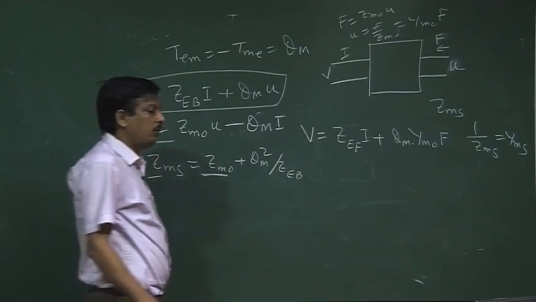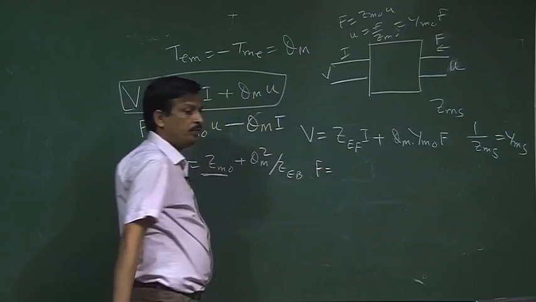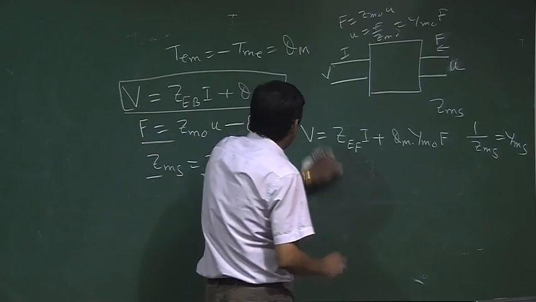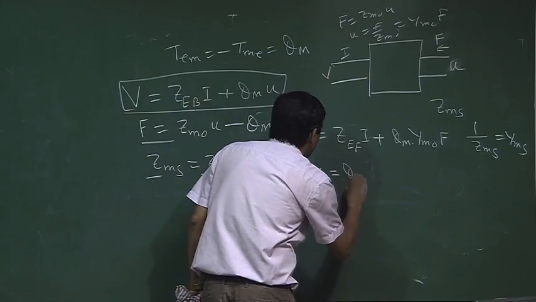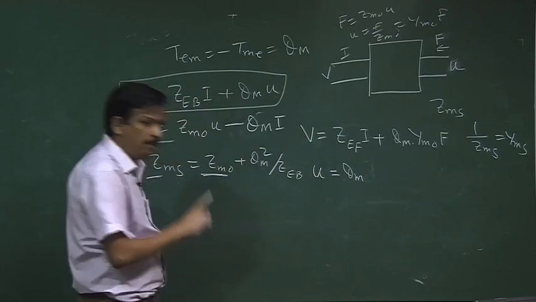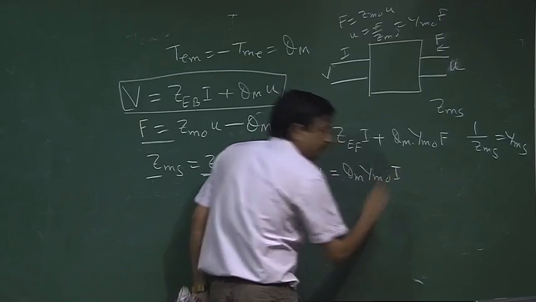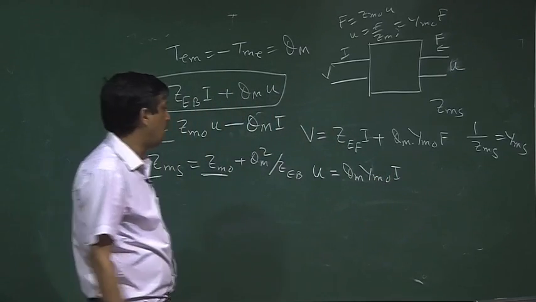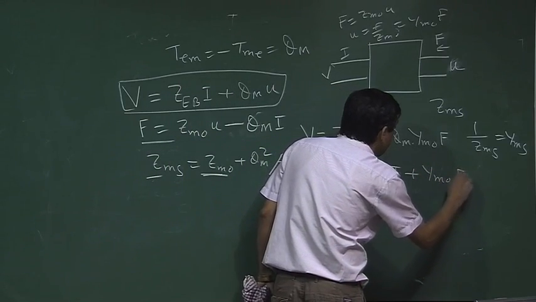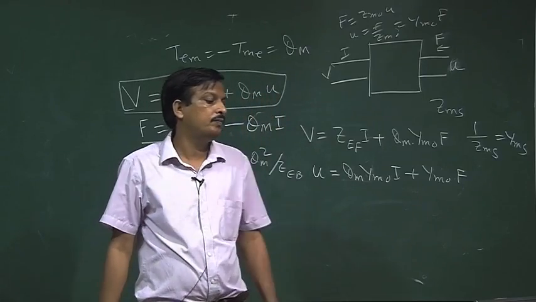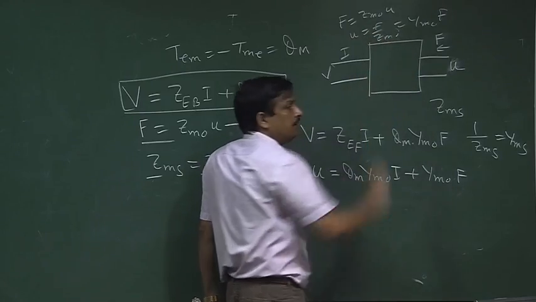Okay. Now, here we know F. So, U is equal to phi m by ZMO into I, that is phi m YMO into I, plus YMO into F, where YMO is nothing but 1 by ZMO.